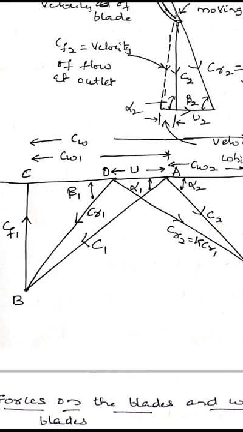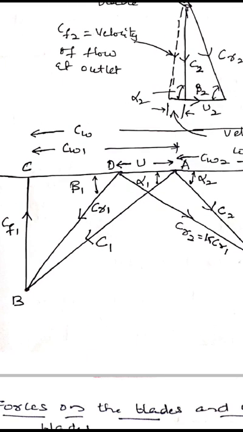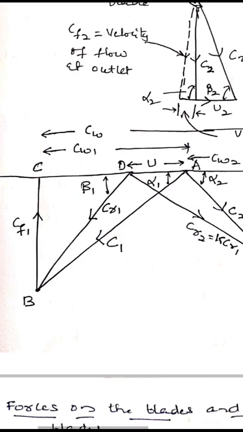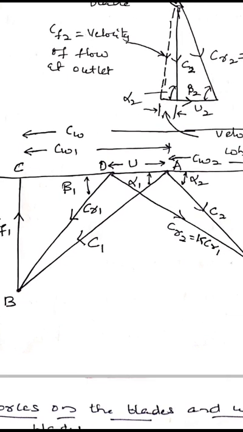Measure beta 1, which is the blade angle at inlet, or the angle made by CR1 with the horizontal. C1 is resolved into two components. BC is CF1 and AC is the horizontal, tangential component CW1.